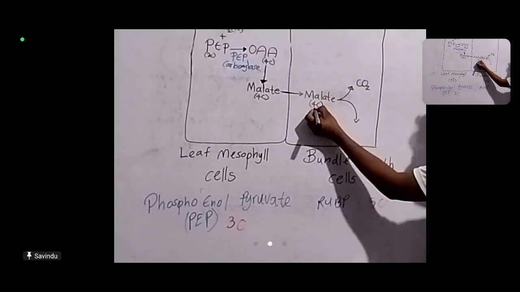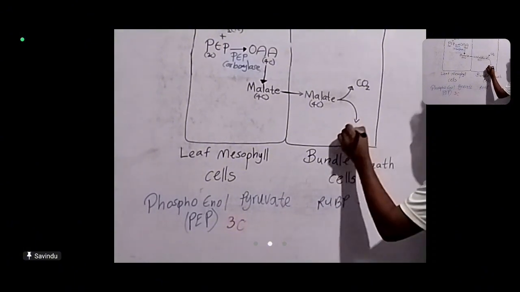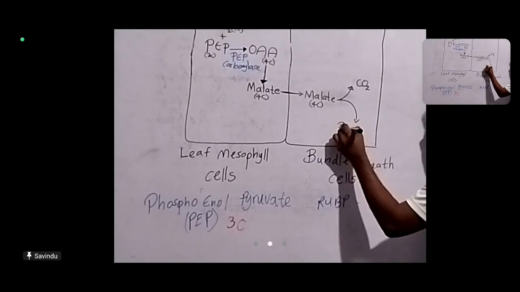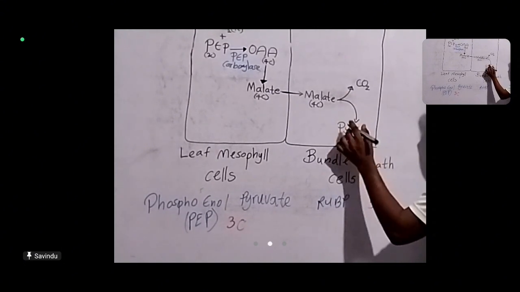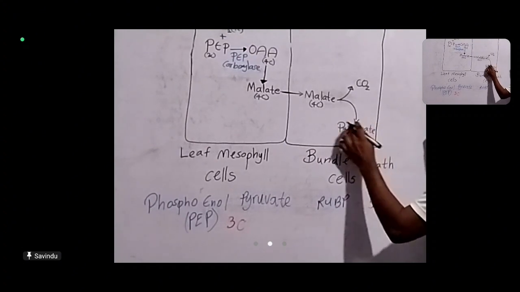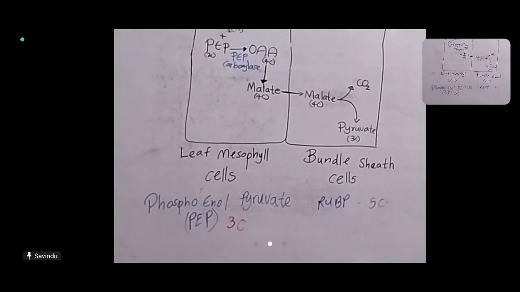When a 4 carbon molecule releases a carbon, it becomes a 3 carbon molecule. It synthesizes the molecule pyruvate, 3 carbon pyruvate. Okay, what happens to this pyruvate?